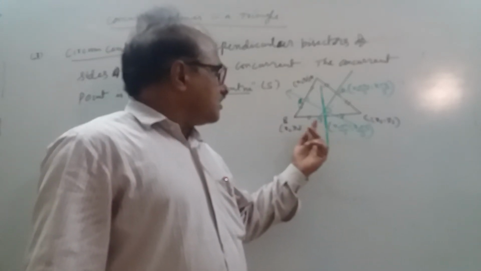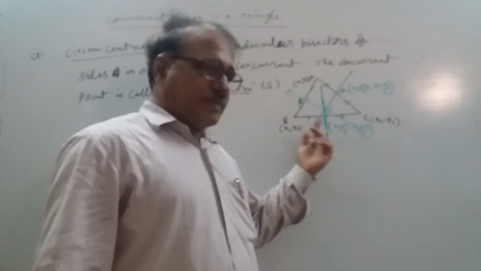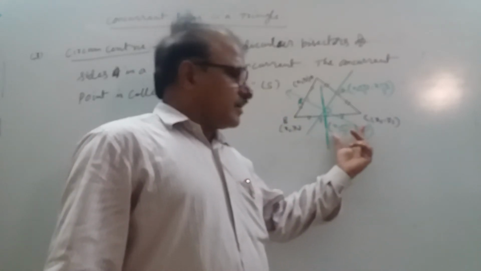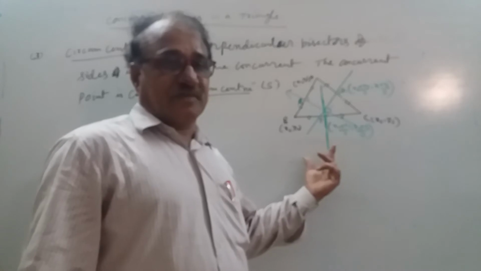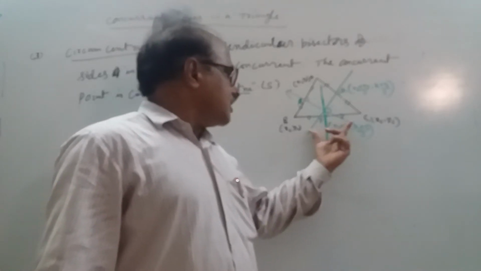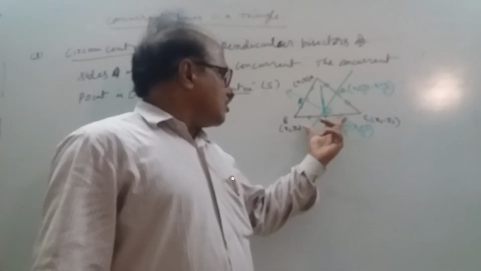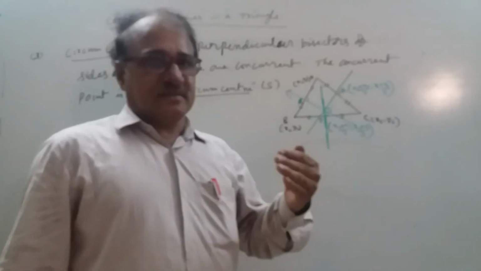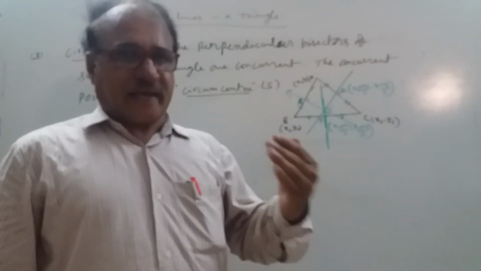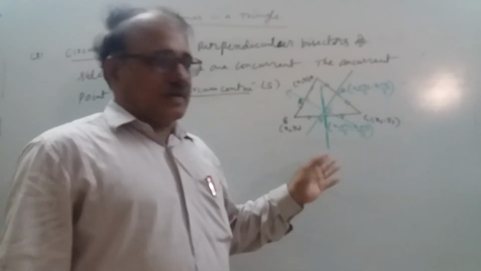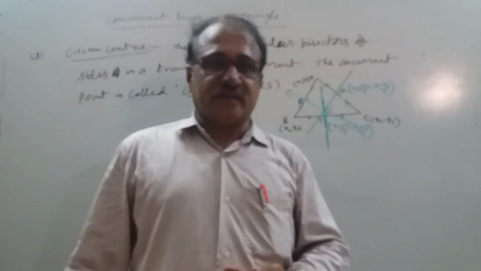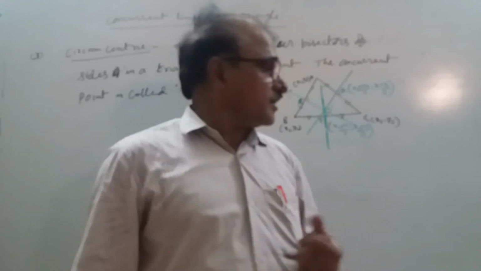Here we know the coordinates of P, and we can find the slope of BC easily, the difference of y coordinates by the difference of x coordinates. If we find the slope of BC as some k, then the slope of PS is minus 1 by k.